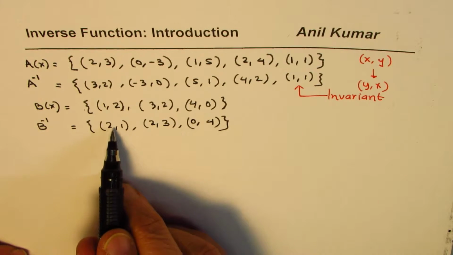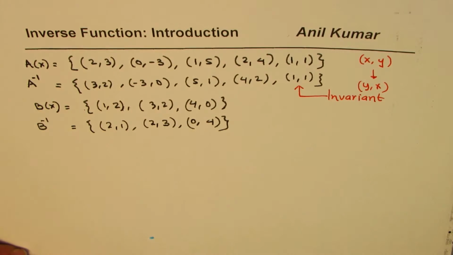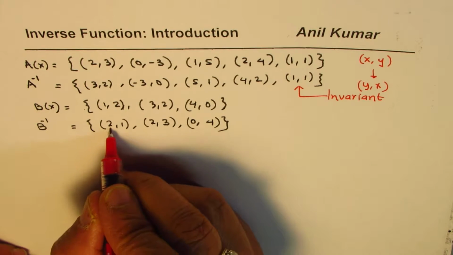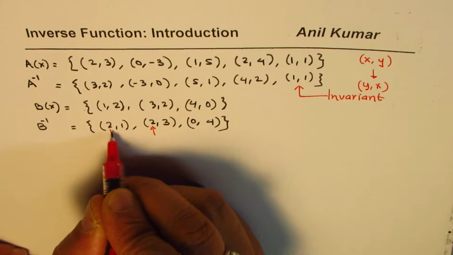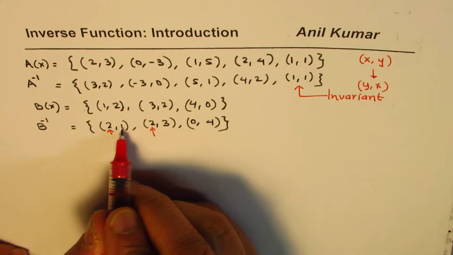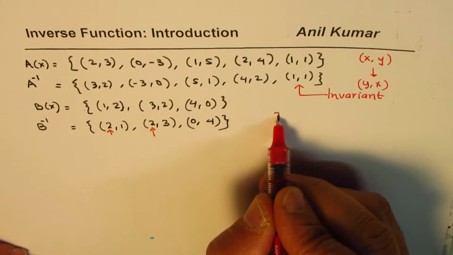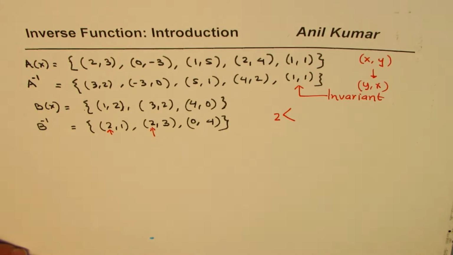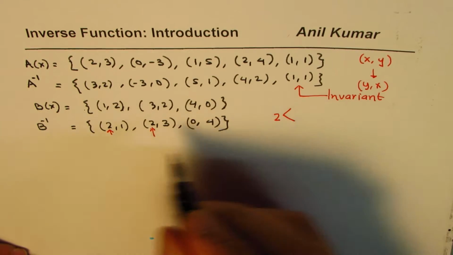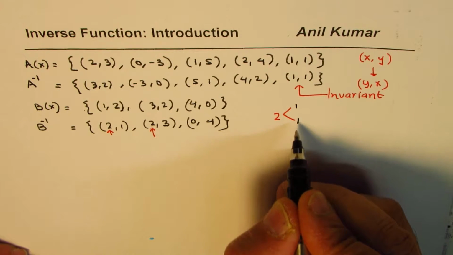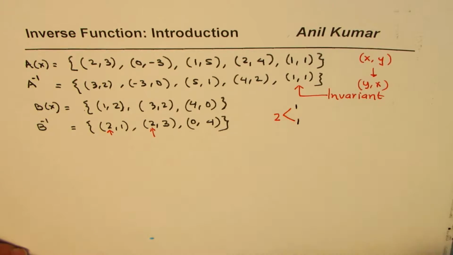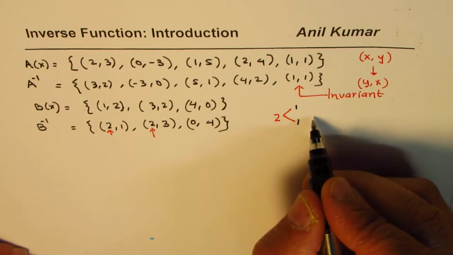Now clearly this is not a function, since for 2 we have 2, 1 and 2, 3. So 2 is mapped to 3 as well as 1. So it is 1 related to many. So it is not a function, it is just a relation.